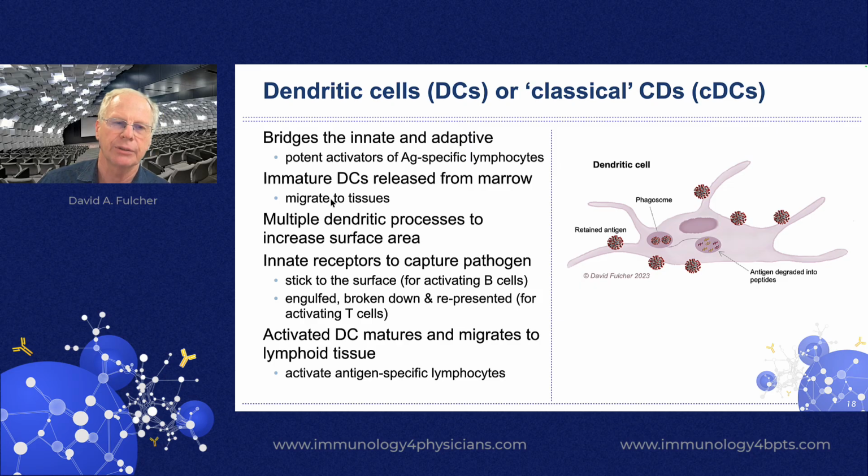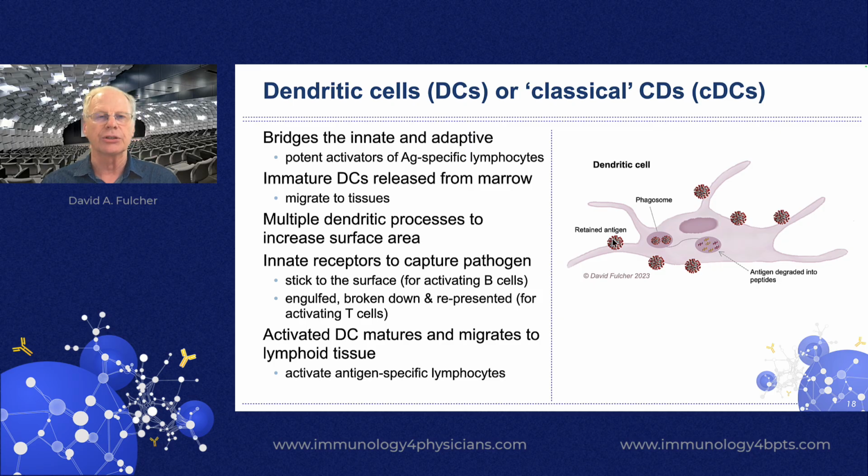Anyway, coming back to their biology, immature dendritic cells are released from the marrow, they migrate to the tissues, and they lurk in the tissues waiting for a foreign pathogen to be recognized by their pathogen recognition receptors on their surface. They have a big surface area for this purpose, and when these innate receptors capture pathogen, they do 2 things. They hold it on their surface, and they also ingest it to break it down into peptides.